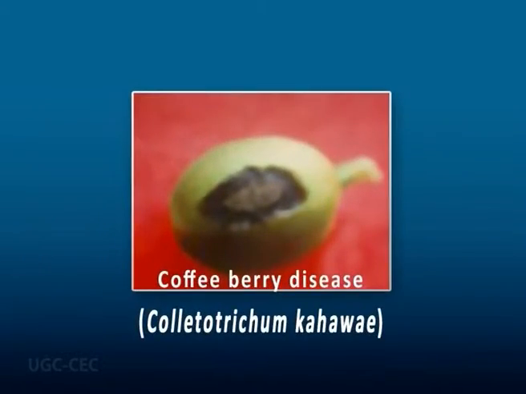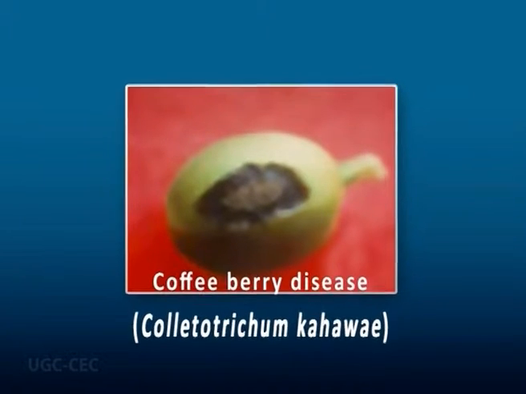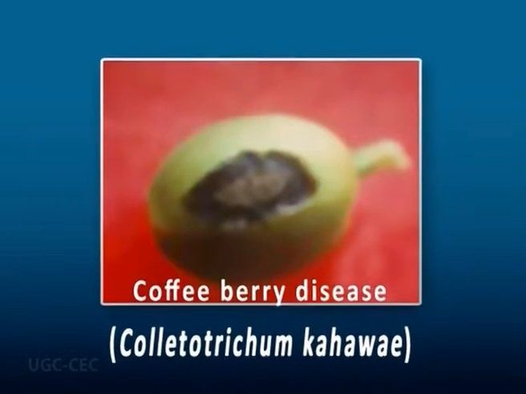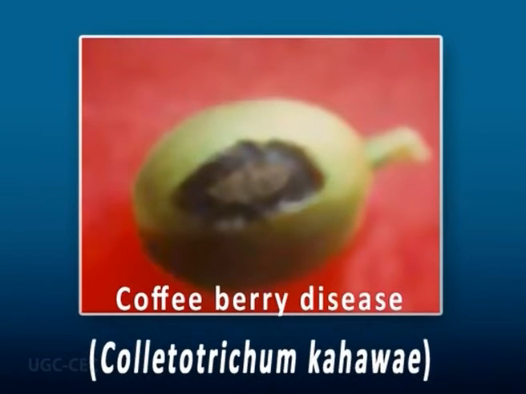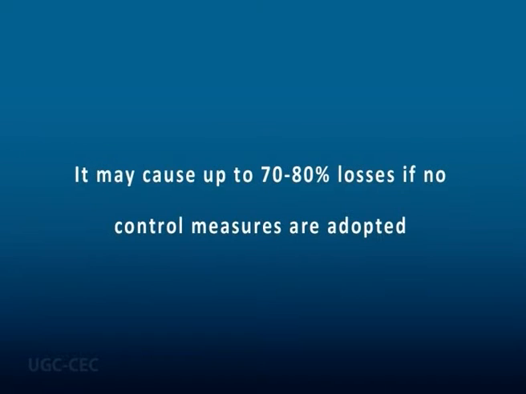Maximum crop losses occur following infection of green berries. It leads to the formation of dark, sunken lesions with sporulating acervuli, causing premature drooping and mummification of berries. It may cause up to 70 to 80% losses if no control measures are adopted.